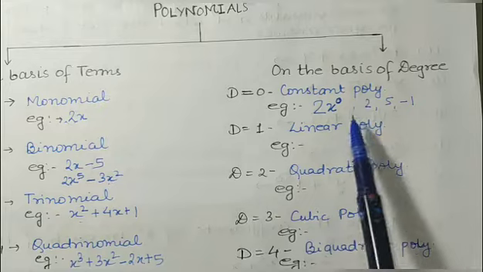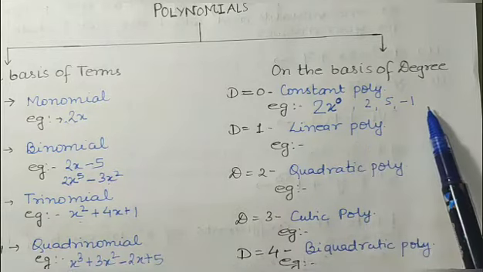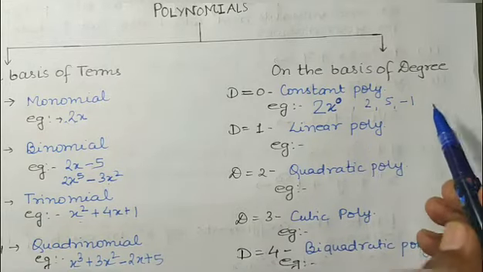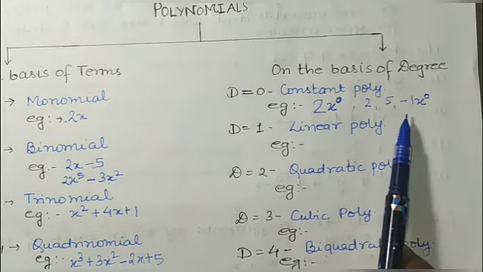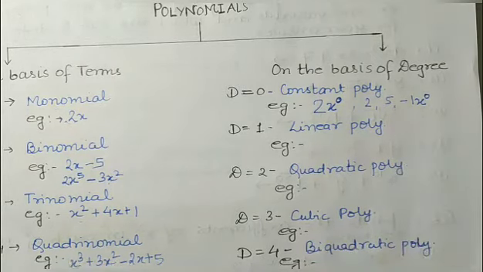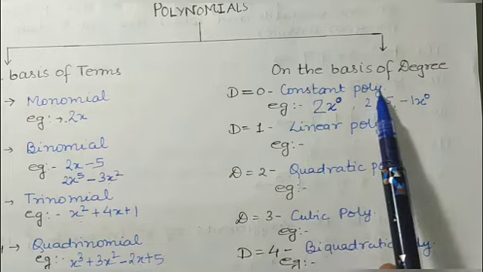because here the degree of variable is 0. If you increase x to the power 0 here, there will be no effect on the value of minus 1. So these kinds of examples you can give if the degree is 0, and it will be known as constant polynomial.